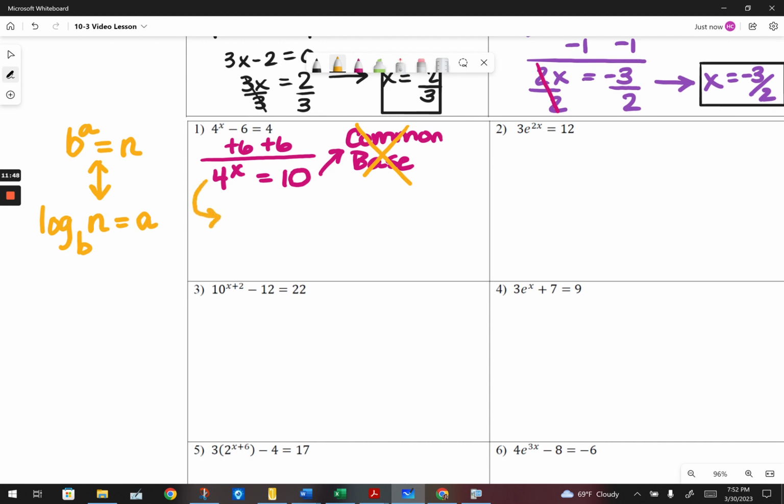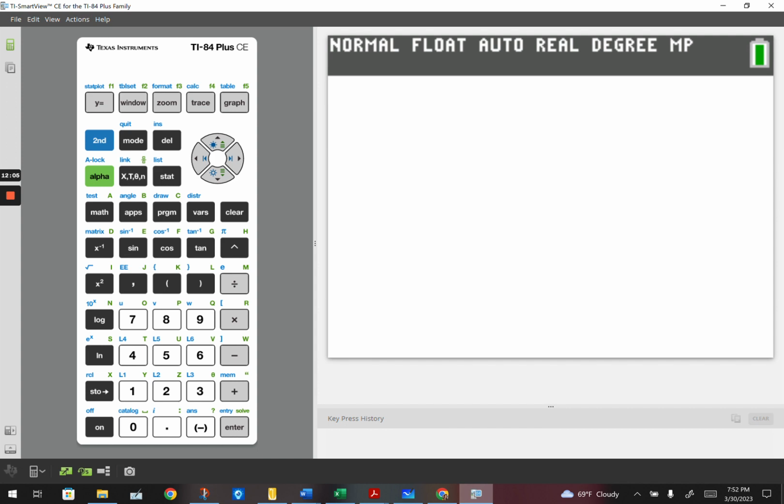So log base 4 of 10 equals x. Okay, so what you're going to do is type this into the calculator. If you go over here to your calculator, there's a math button underneath the alpha.